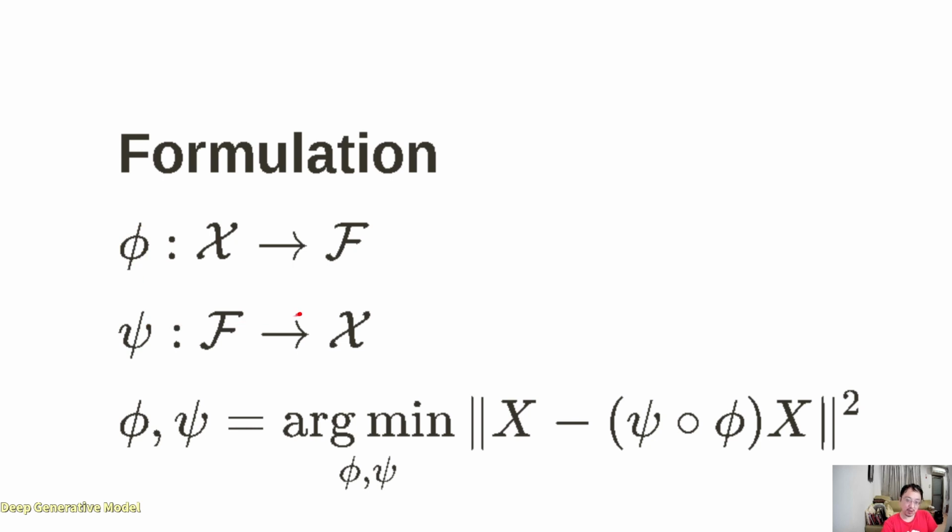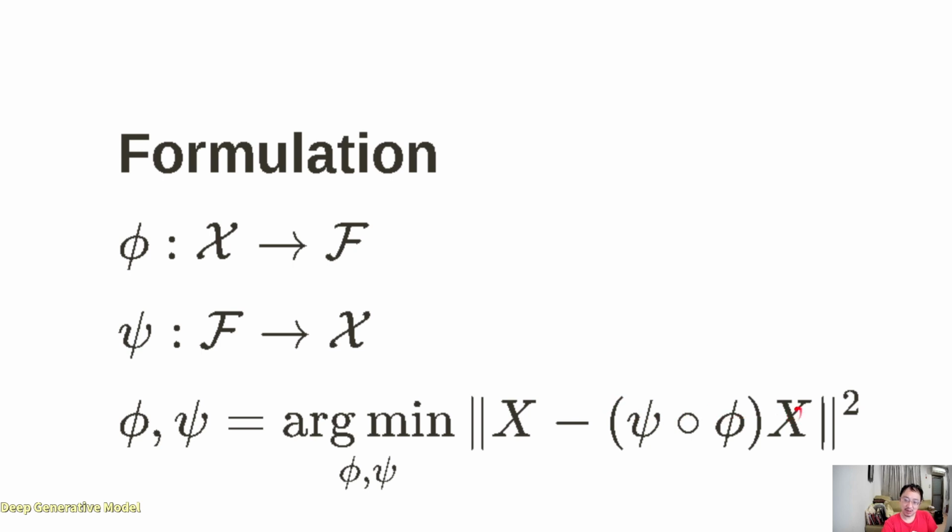Then we almost wish that if phi and psi, these two functions, the encoder and the decoder, are, in mathematical saying, we wish psi to be the left inverse function of phi, which means if we map something through phi and then get the output and send it to psi here and get a new output.